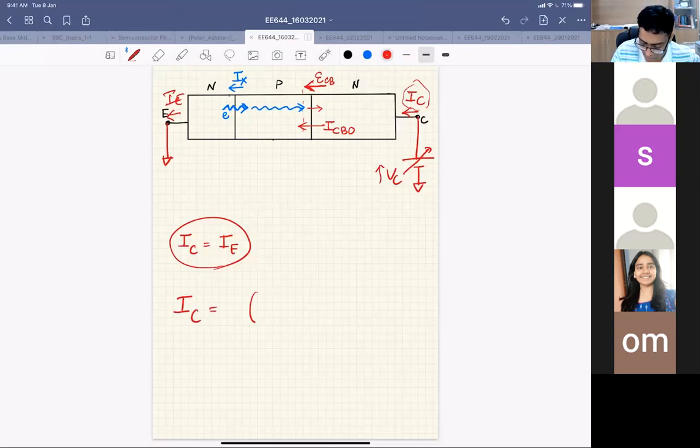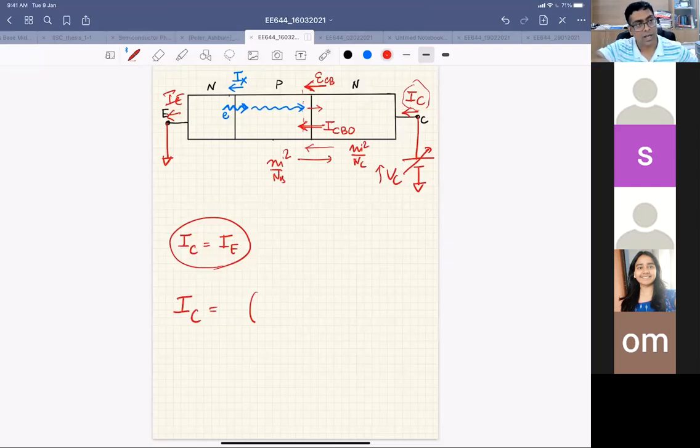Because ICBO is nothing but minority holes injected from N to P, because there is a reverse bias and an electric field from N to P. There are minority holes which is Ni square by Nc, going from N to P, and some Ni square by Nb electrons going from P to N, right? Because of these two things, I have ICBO, right?